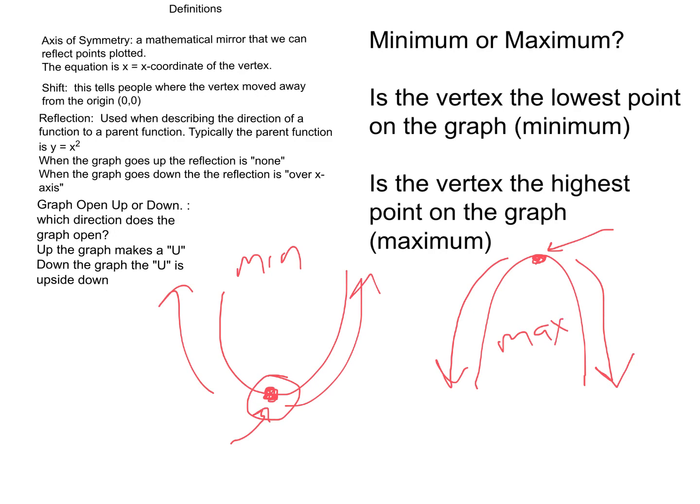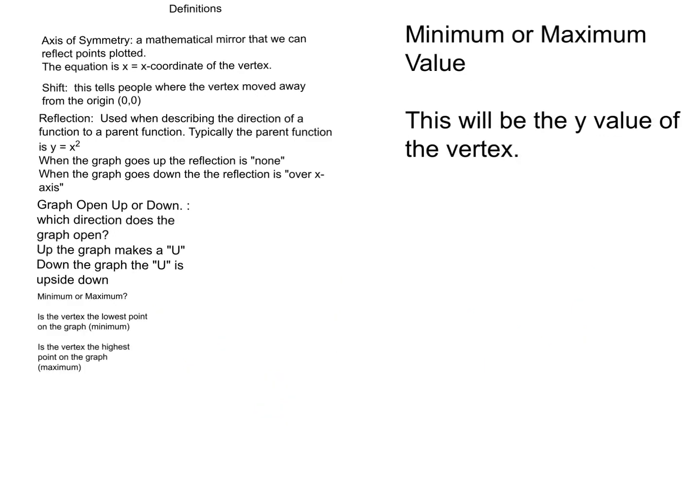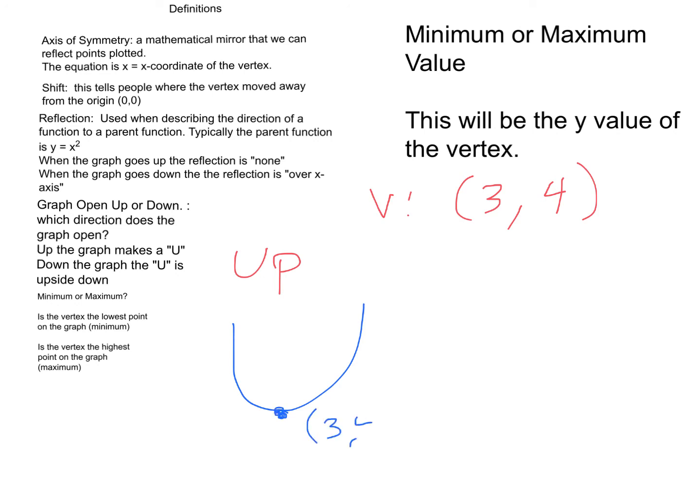Now, the minimum or maximum value is the y-coordinate of the vertex. So say I had a vertex of, say, 3, 4, and my parabola is going up. So my graph will do this, and this point right here, the vertex, is the coordinate 3, 4.